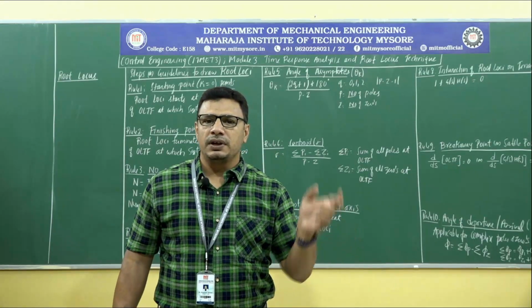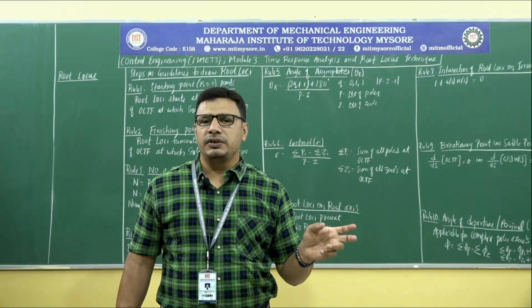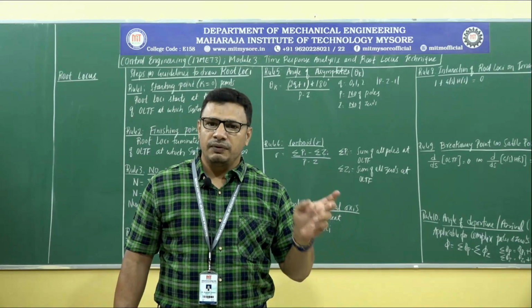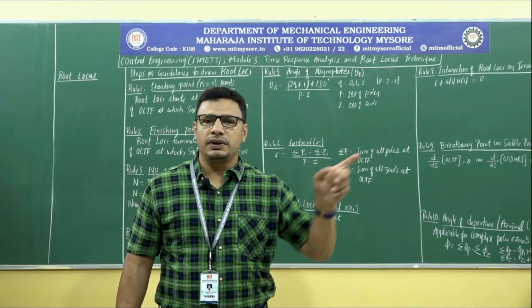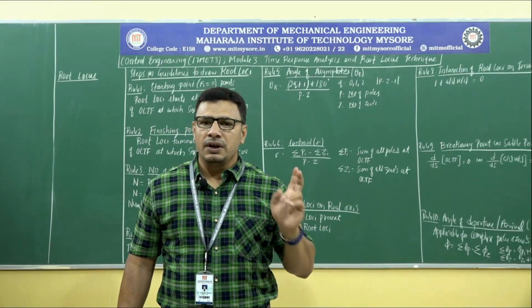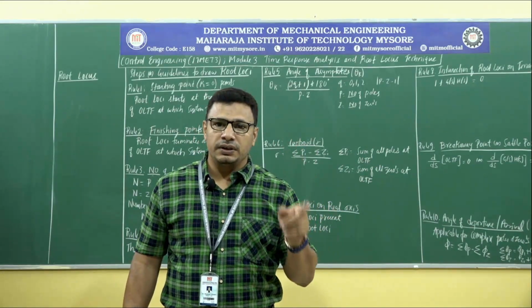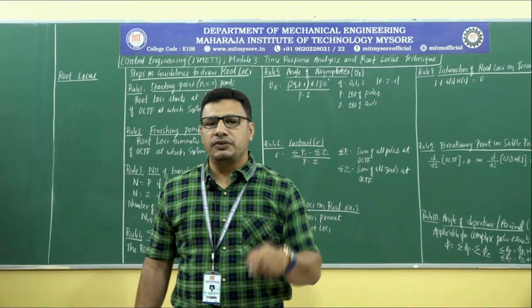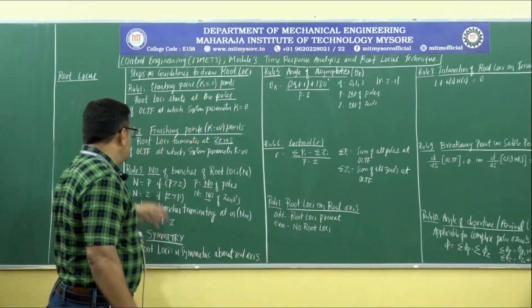There are 3 poles, there is 1 zero. Then 3 branches of root loci will be starting, whereas one of the branches of root loci will terminate at the given zero, and the 2 remaining branches of root loci will be terminating at infinity. That is why we call them infinite zeros.